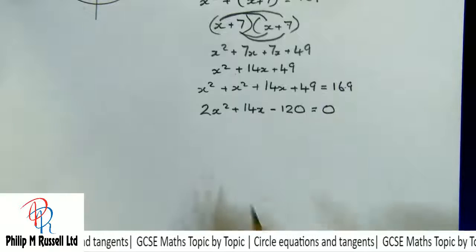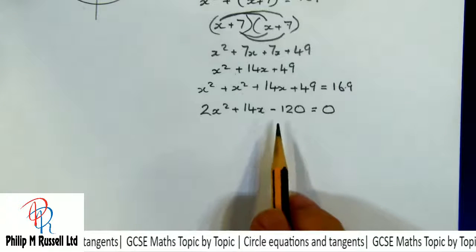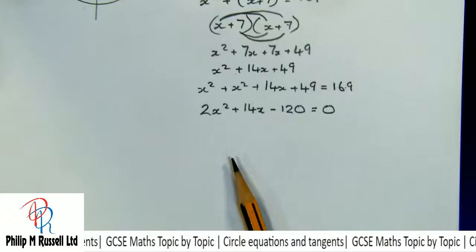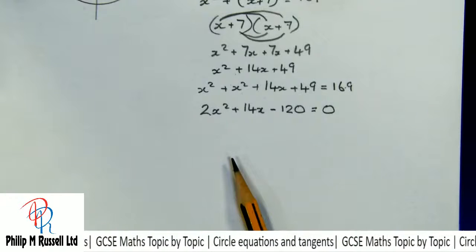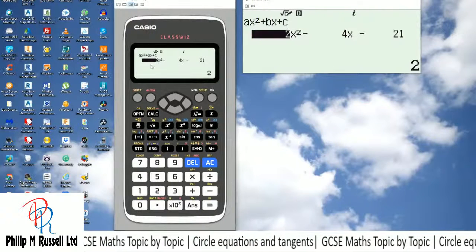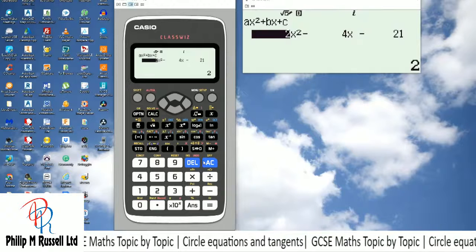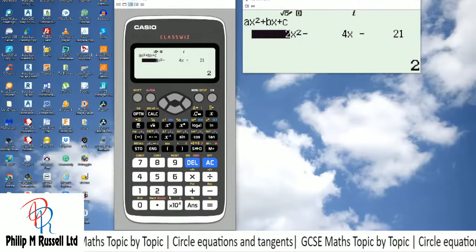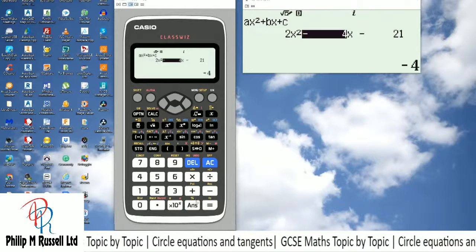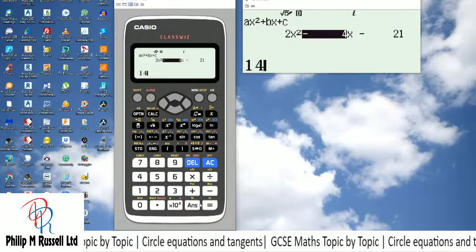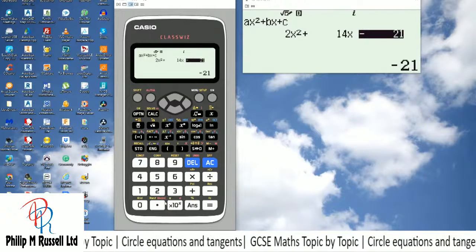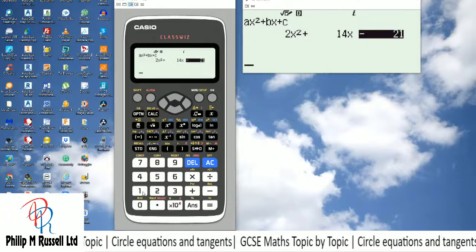To solve this, it's easiest to use the calculator. So let's go ahead and do that. My first value is going to be 2, my second value is going to be 14, and my last value is going to be minus 120.